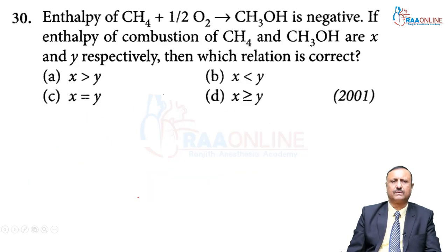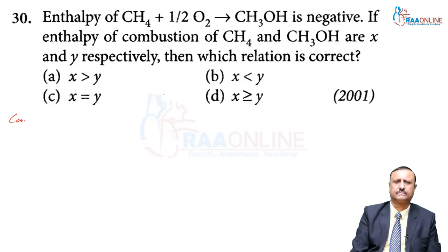Now, my dear students, we can go to question number 30. What is the concept and formula? Here, the enthalpy of methane plus half O2 to give methanol is negative. If the enthalpy of combustion of methane and methanol are X and Y respectively, then which relation is correct?